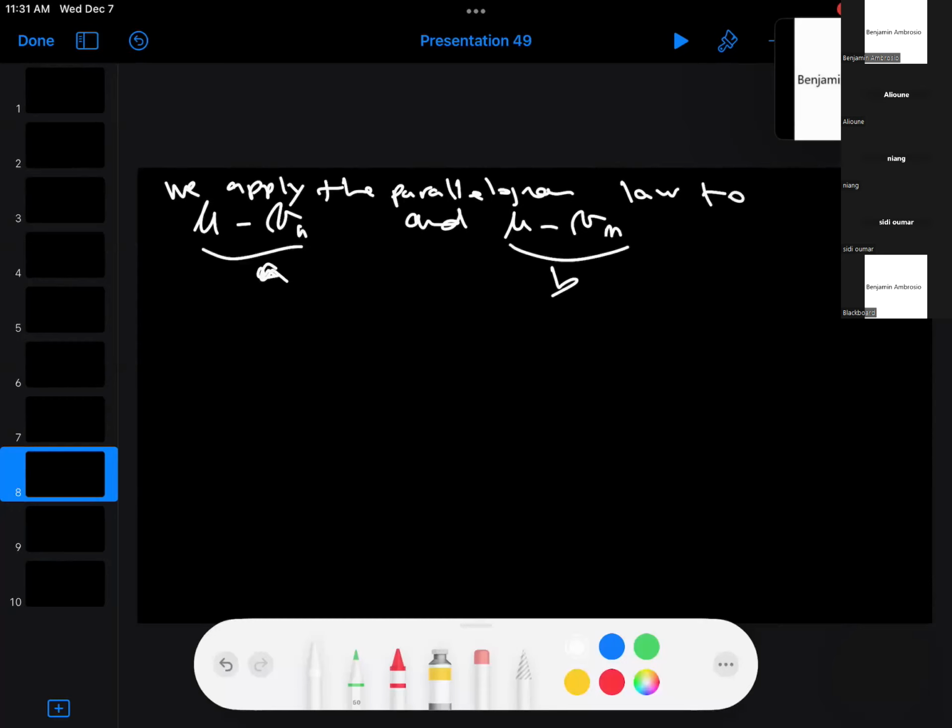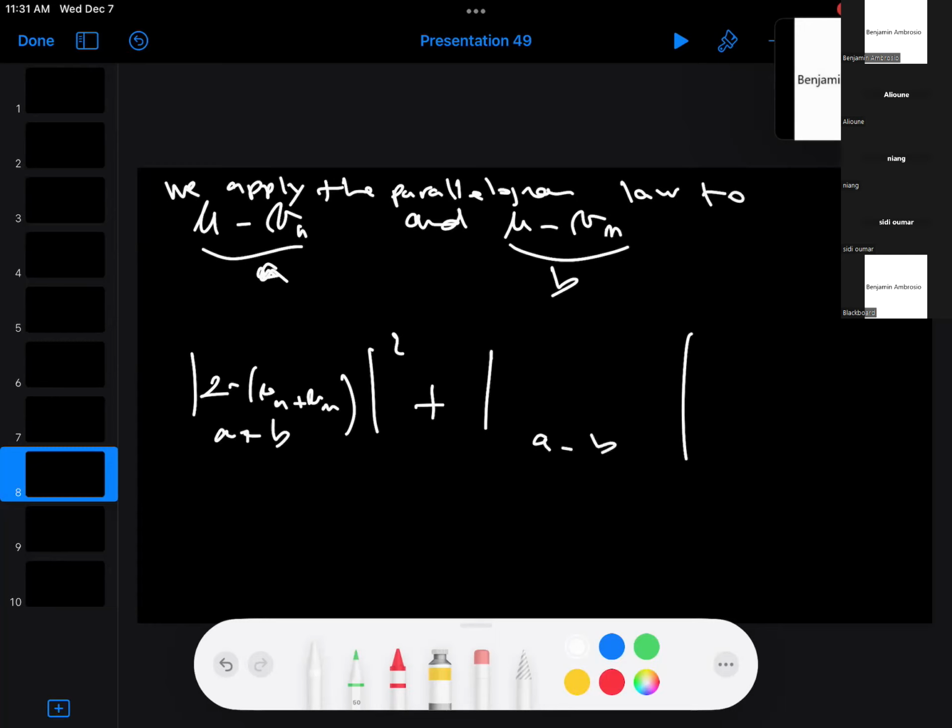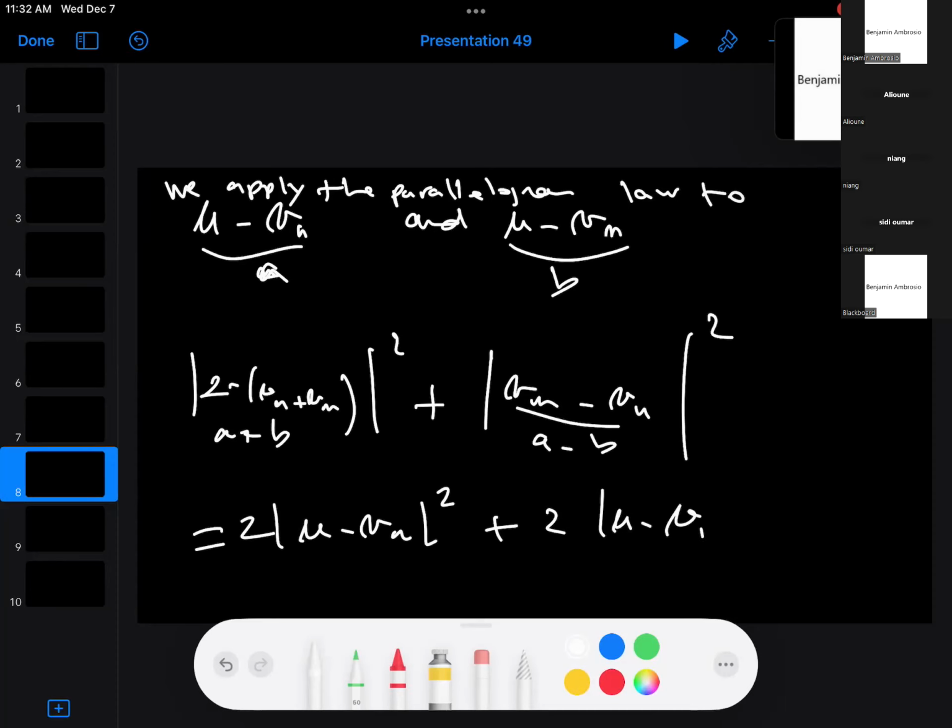Okay, so let's do that. Here I write the sum of a and b, I get the norm of 2u minus Vn plus Vm, squared, and plus, this is a plus b, now I write a minus b, so I get the norm of Vm minus Vn, squared, and this is equal to 2 times the norm of u minus Vn squared plus 2 times the norm of u minus Vm squared.